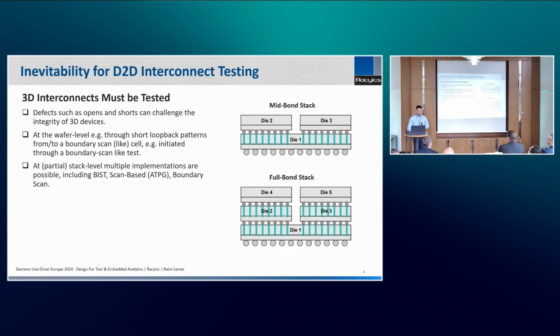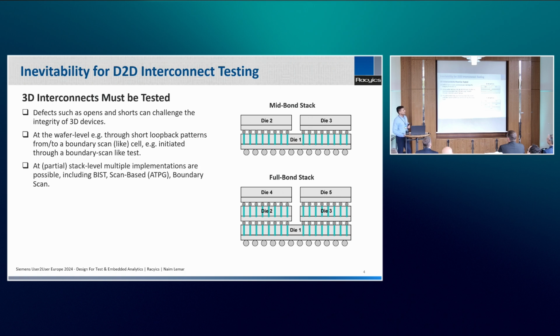Moving forward, if we look at the 3D IC, for example, in this example, we have three layers of dies stacked on top of each other, and the interconnects must be tested. At which level and in which steps is very important, and still under debate.